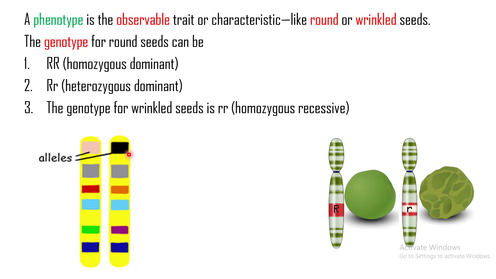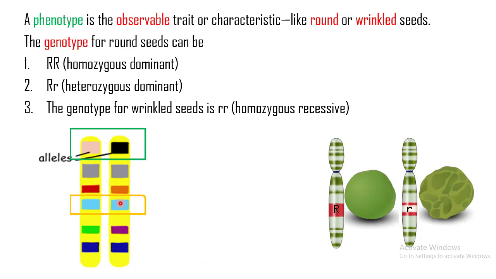For example, just for the sake of argument, say this is the gene responsible for the shape of the seed. If it comes in this heterozygous form, this is the black one. For example, this is the capital R and this one is the small r. As the capital R is dominant here, that is going to give you a round seed.